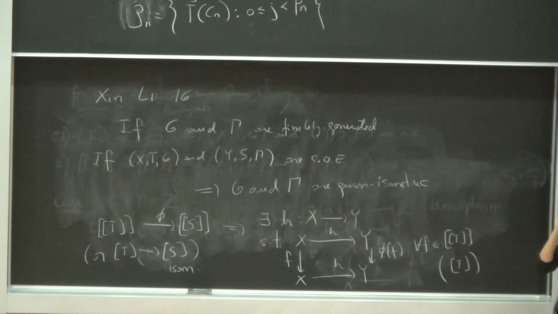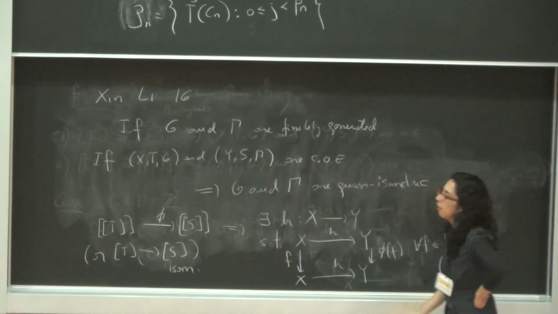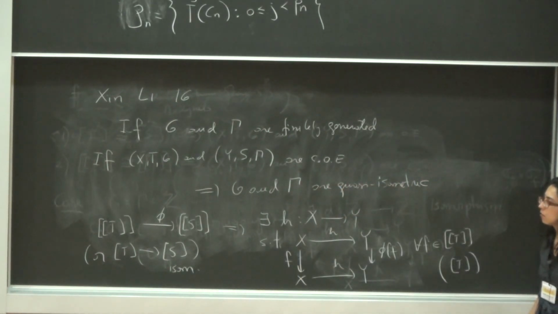And just to finish, I started talking about Bratteli diagrams, then about some invariant dimension groups, and now about some relation with orbit equivalence and full groups.